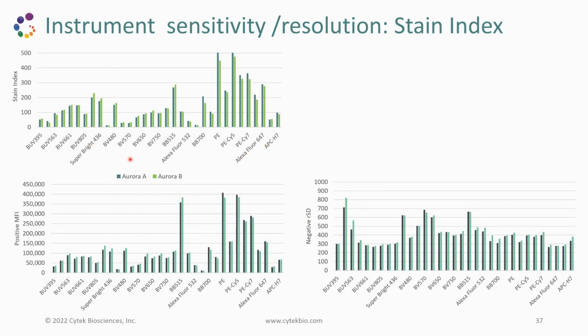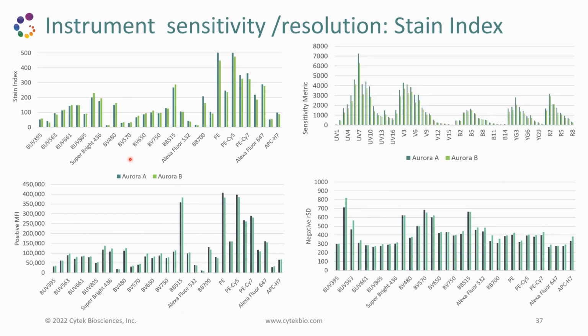I just want to quickly advertise a hidden gem in our QC report that is saved as a CSV file under the Cytek Bio export. We have a sensitivity metric, generated during your daily QC. We divide the signal of the QC beads by noise. And you're going to see in this instrument, for example in the yellow-green, that one instrument has a higher sensitivity.